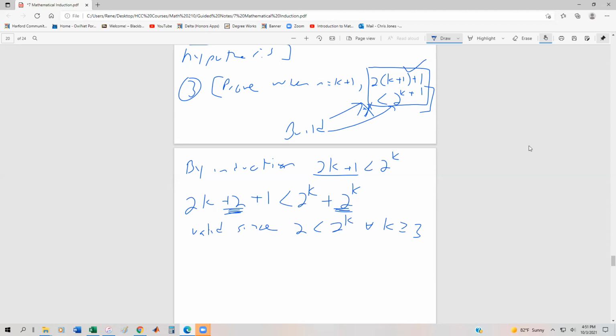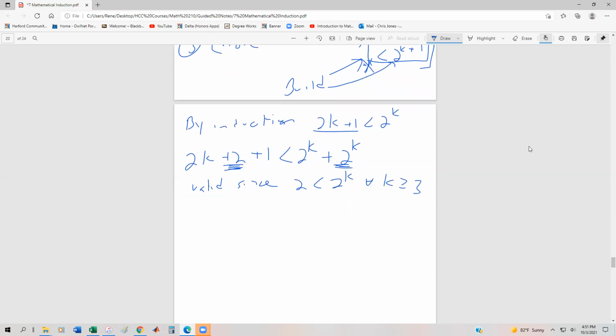Now we're just going to perform some algebra. We factor out a 2, and we get 2 times k plus 1 plus 1. And these are like terms now. So we get 2 times 2 to the k, and the justification here is factoring and like terms.